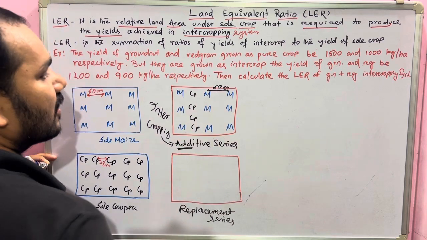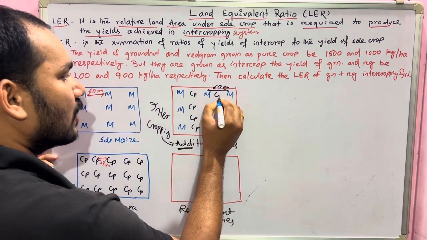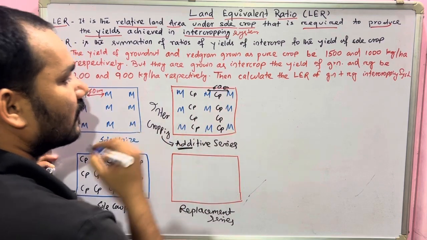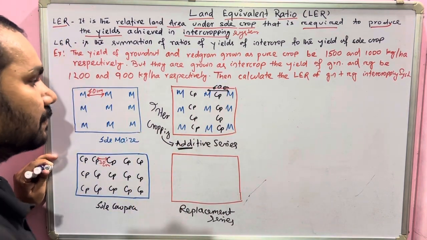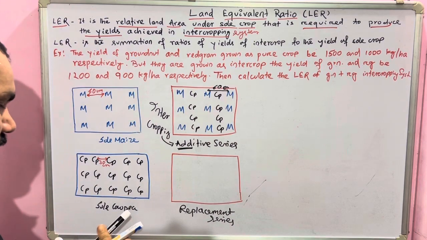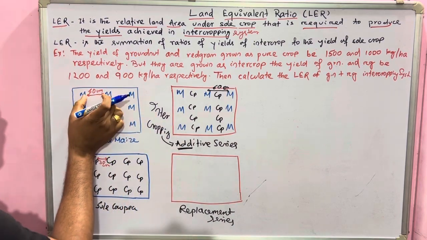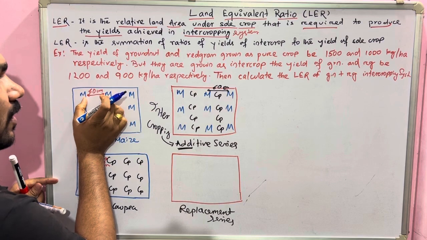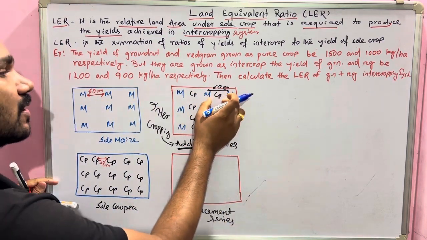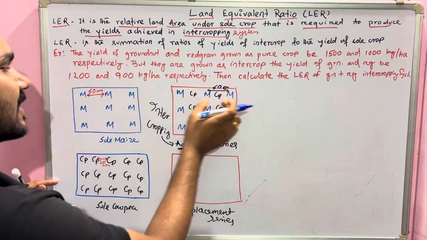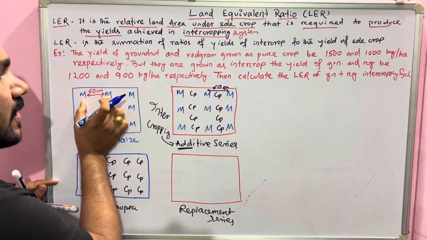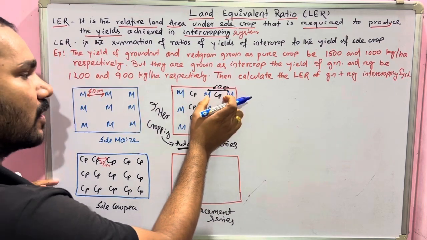Suppose we are adding cowpea crop in between the rows of maize crop. Maize to maize spacing is 60 centimeter here, and here also 60 centimeter. That means the spacing of the maize crop here and the spacing of maize here are the same.